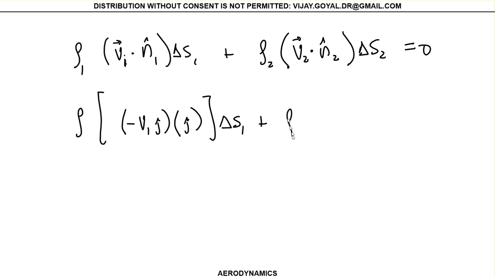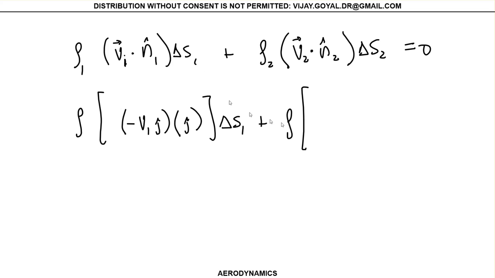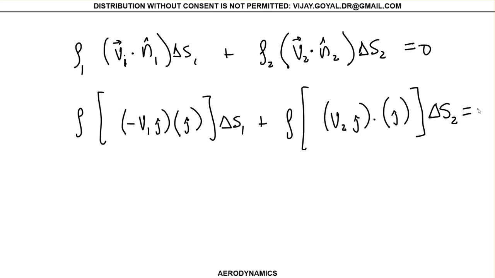And this is rho, V2 would be V2 J, and this is J, so take the dot product of J with J, times delta S2, is equal to 0.